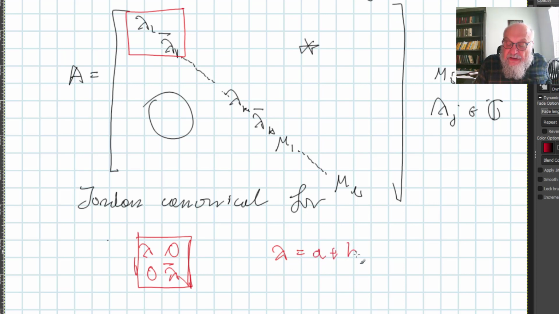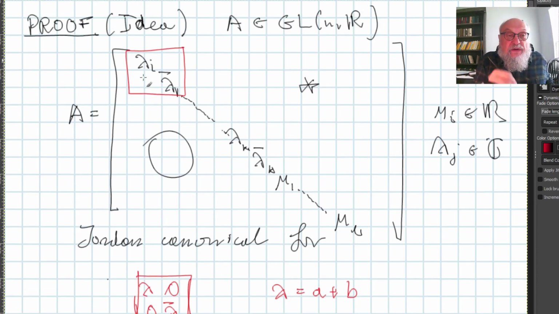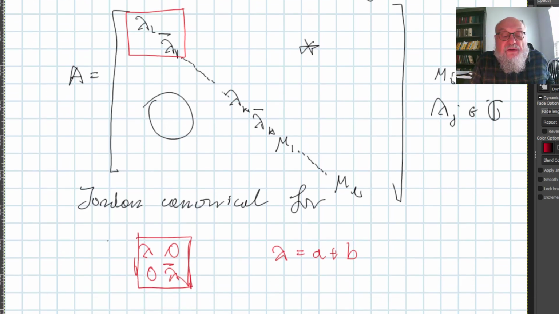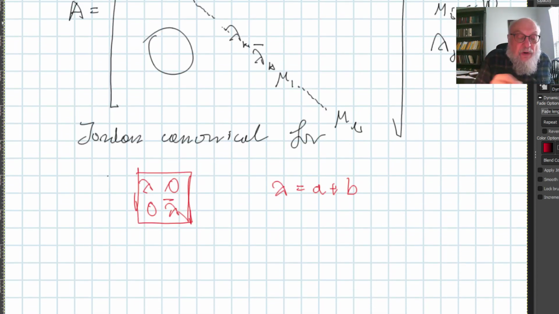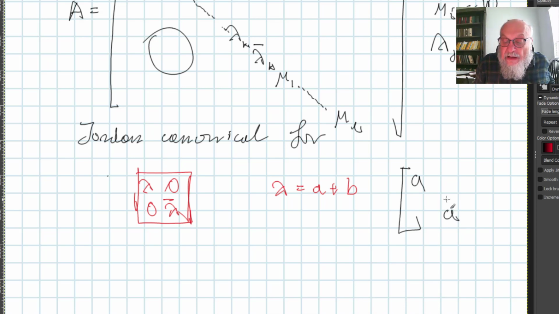You can take the eigenvectors here for this one, and take the real part and imaginary part and make a decomposition of the real space in such a way that this little block will correspond to this particular block. Namely, this will be A, this will be A, and this will be minus B and B. So such a block will be given by that particular block matrix.